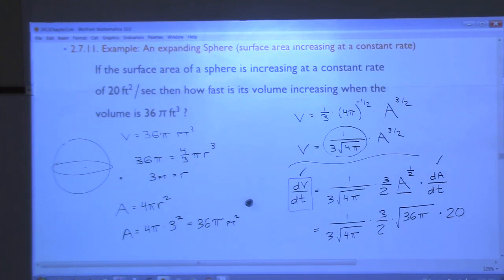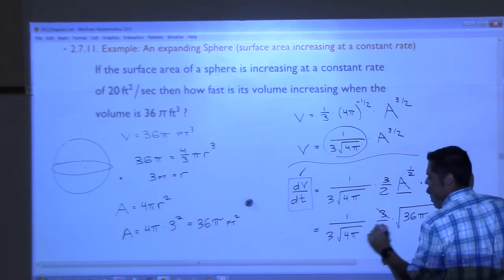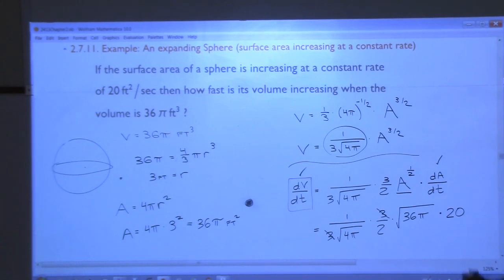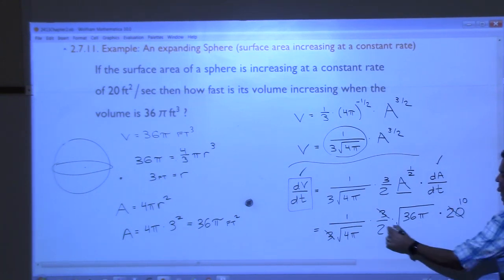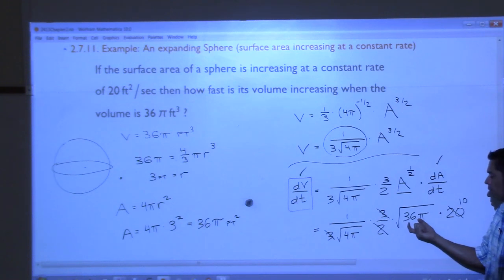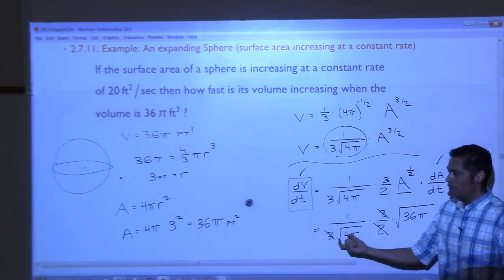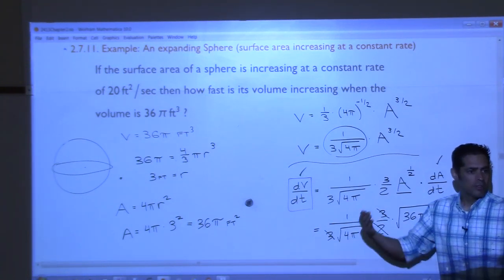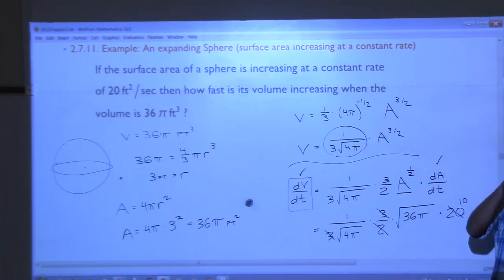So let's try and clean this thing up. I see the 3's cancel here. I see this 20 can become a 10 because of that 2. And I have 36 pi under a root over 4 pi under a root. So I can put those together under a single root.